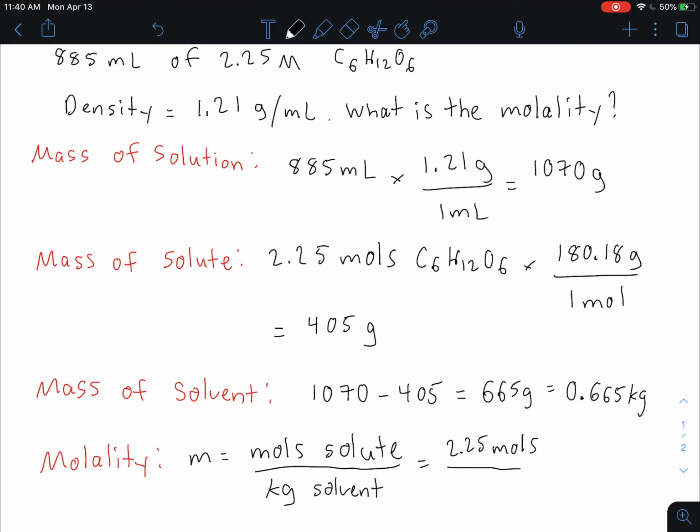That didn't change, but now rather than 1 liter, it's 0.665 kilograms, and that's how I get my temperature independent concentration unit. And if I calculate that, I get 3.38 molal. Whoops, I drew an M, should be a lowercase m. And that's how we calculate that concentration.